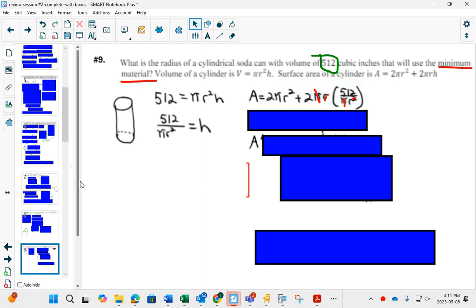Because right now, our surface area formula has both r and h, which makes it difficult to do the derivative of, because then we would have complicated chain rules. But if we replace the h with 512 over pi r squared and do a little bit of simplification, then we get an equation that's just in terms of r.